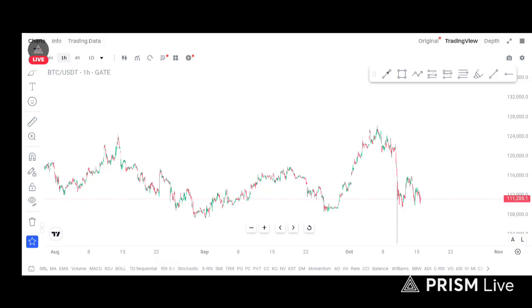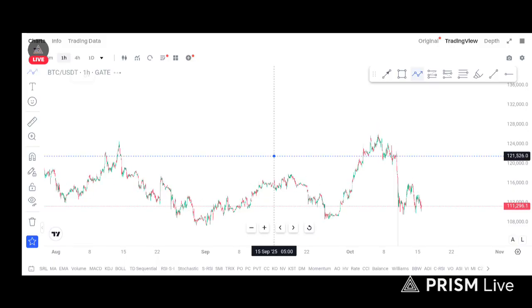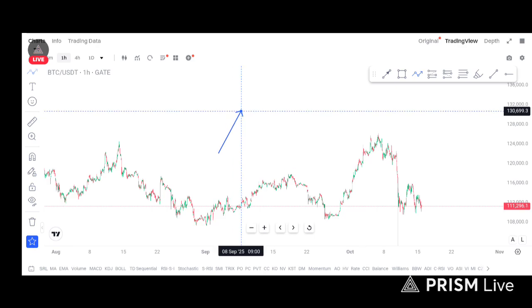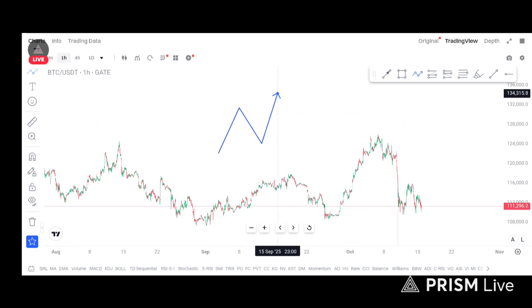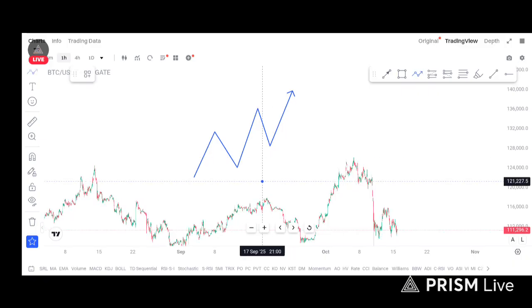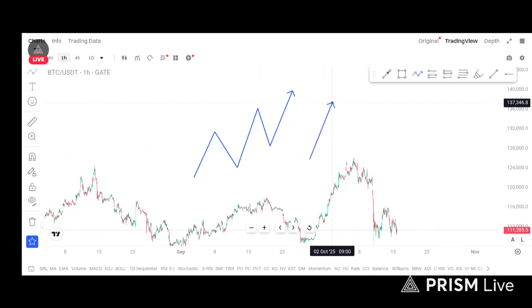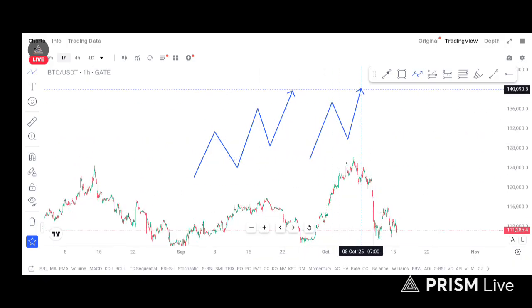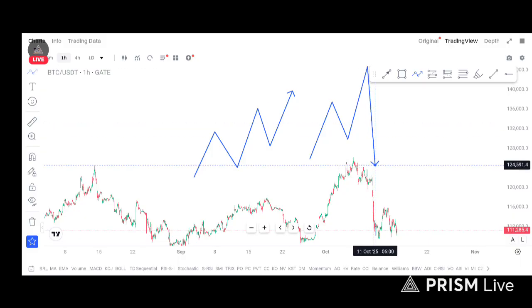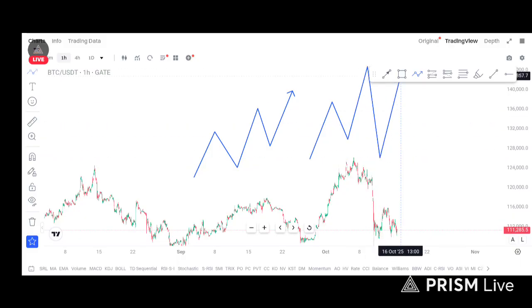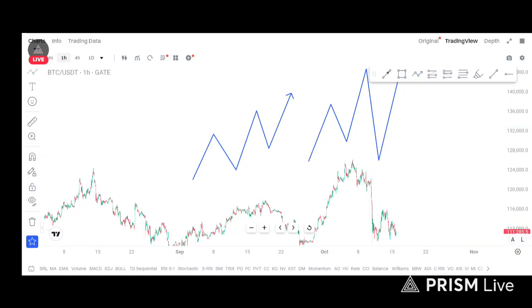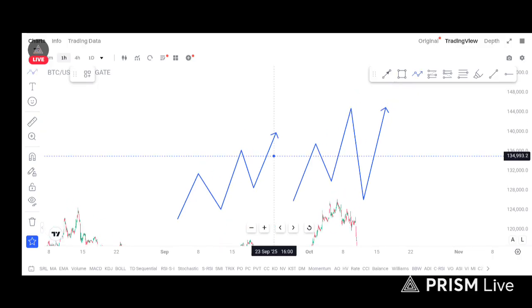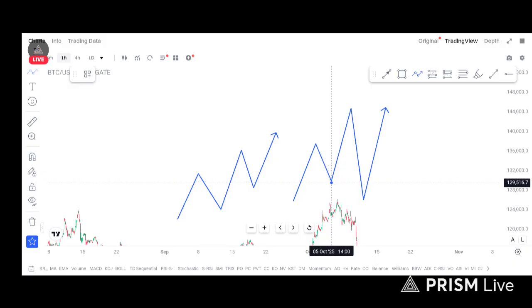We have basic market structure, which is this one we have been looking at all this while: higher highs, higher lows. Then we have the advanced one, whereby we now include other terms in the market, whereby the market does something like this and continues going to the upside. The market comes and takes out a previous lower low and then still continues going to the upside.